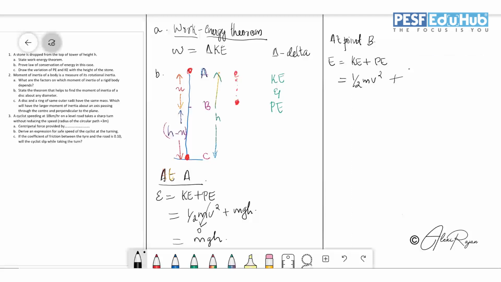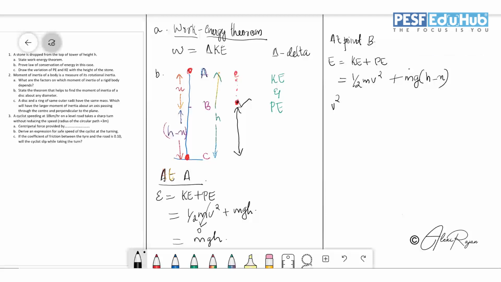And potential energy is equal to mgh. Here what is h? Is it the total height, or the height the ball has reached right now, at point B? That means now the potential energy should be calculated for this height from the ground. This height is H minus x.